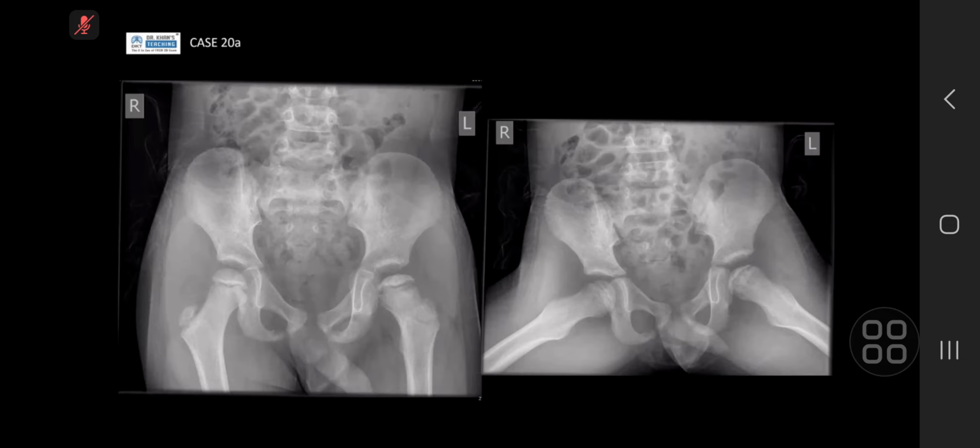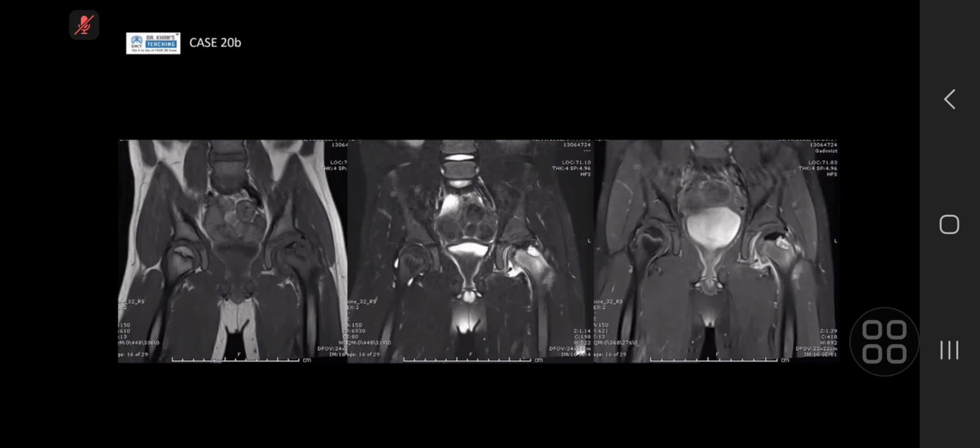The growth plates appear good. So findings are most likely suggestive of Perthes disease, AVN of the left femoral head epiphysis, due to decreased size and collapse of the left femoral head epiphysis and widening of the joint space, which is joint effusion, the early sign.